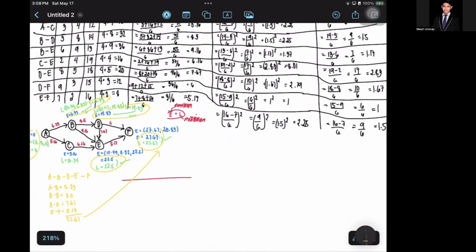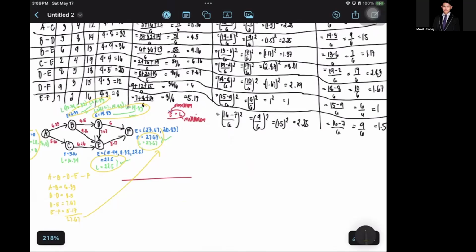Let me go ahead and proceed to the next step, which is that you have to also get the expected project duration along the critical path.